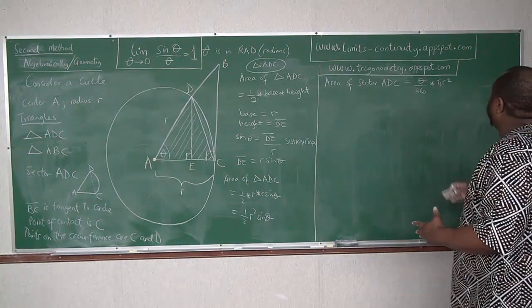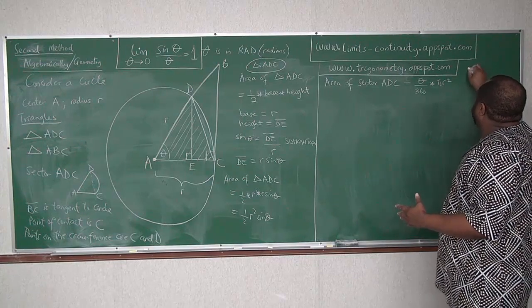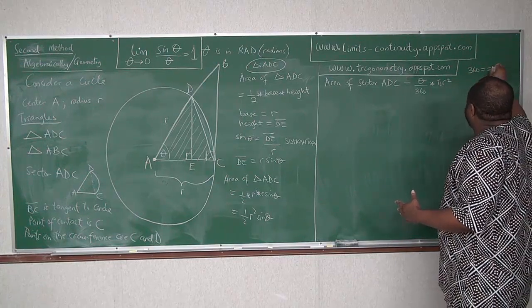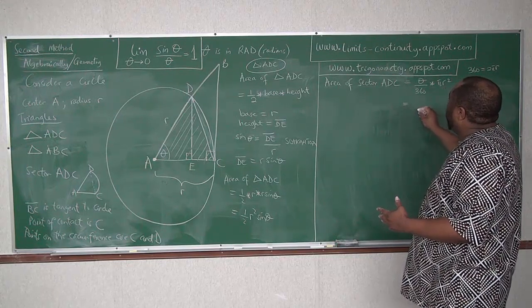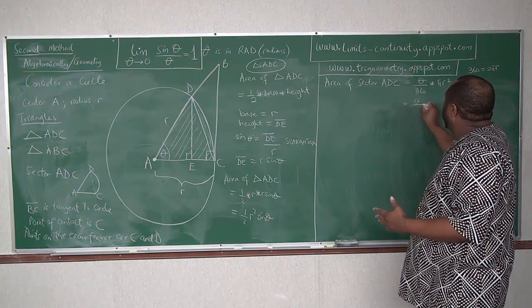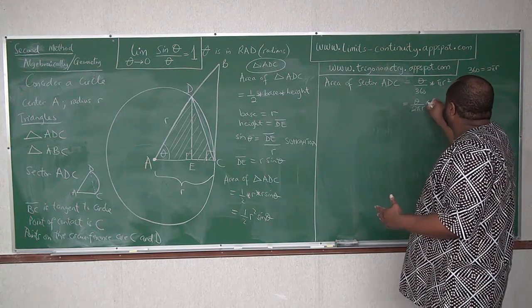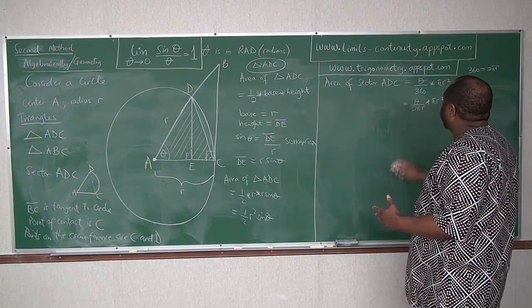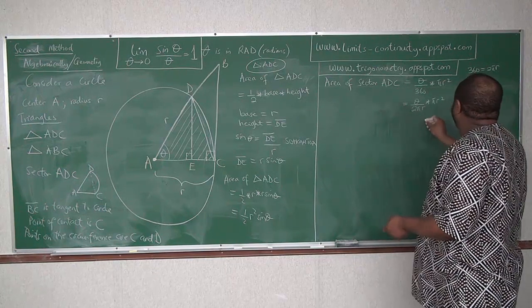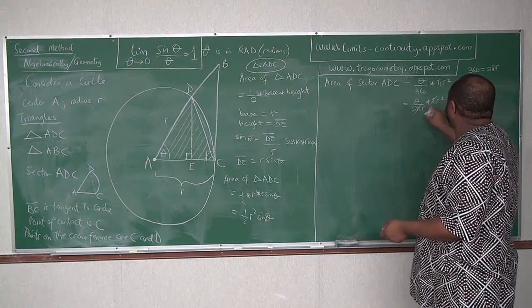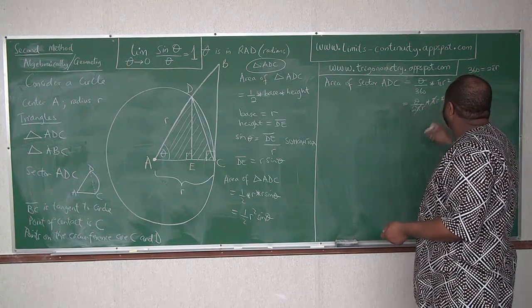So 360 is 2 pi r, no? 360 is 2 pi r. So this is theta over 2 pi r times pi r squared. So this crosses out: pi crosses pi, one r crosses one r.